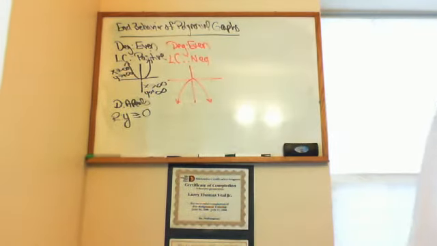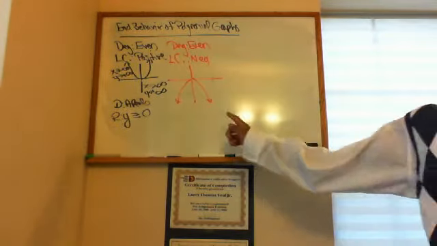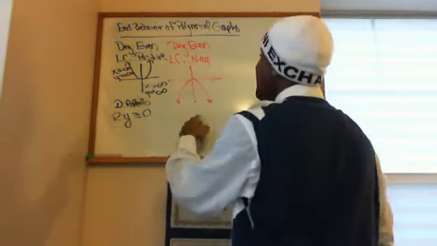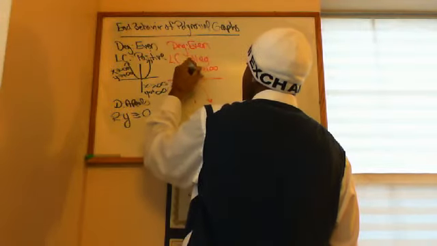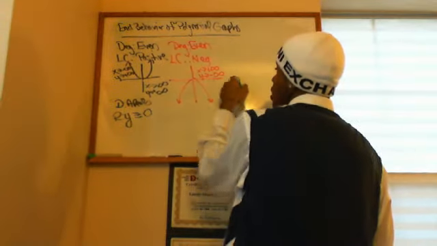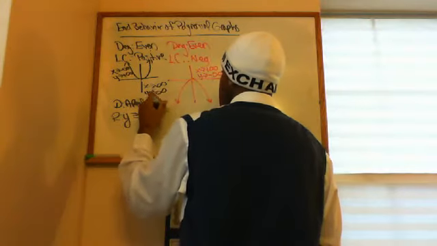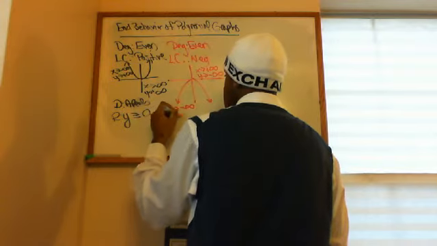So x goes to positive infinity, and y approaches negative infinity. As x goes in the negative direction, y goes in the negative direction also.